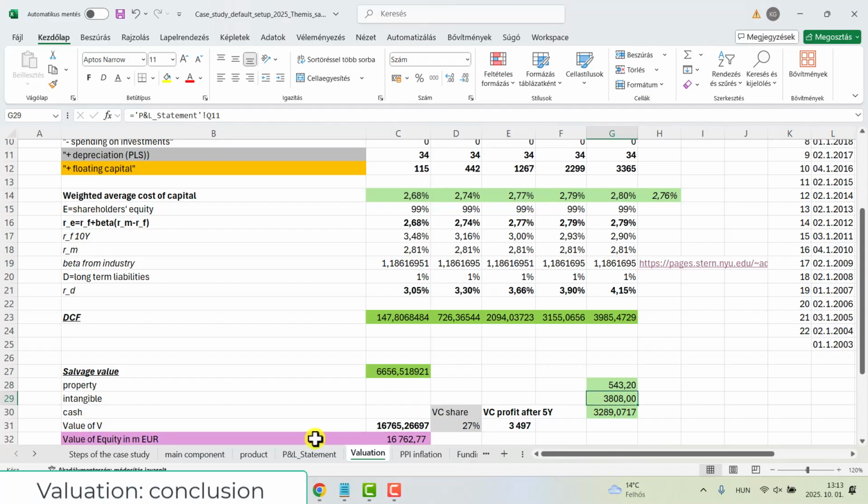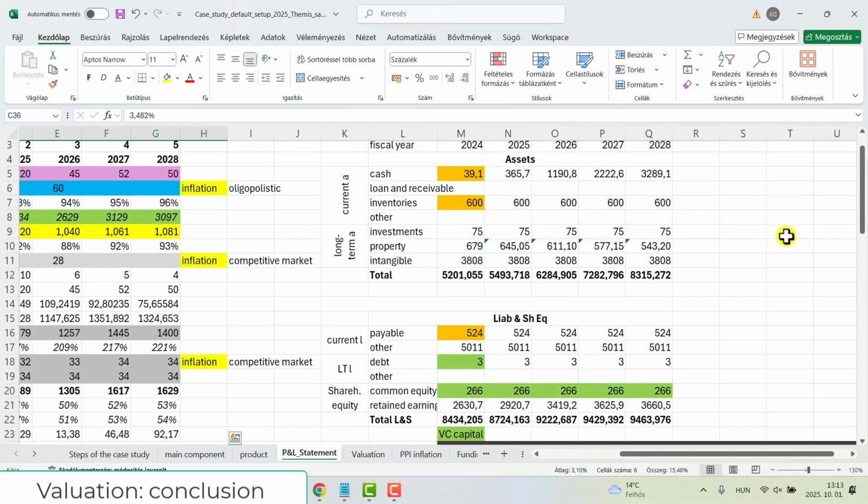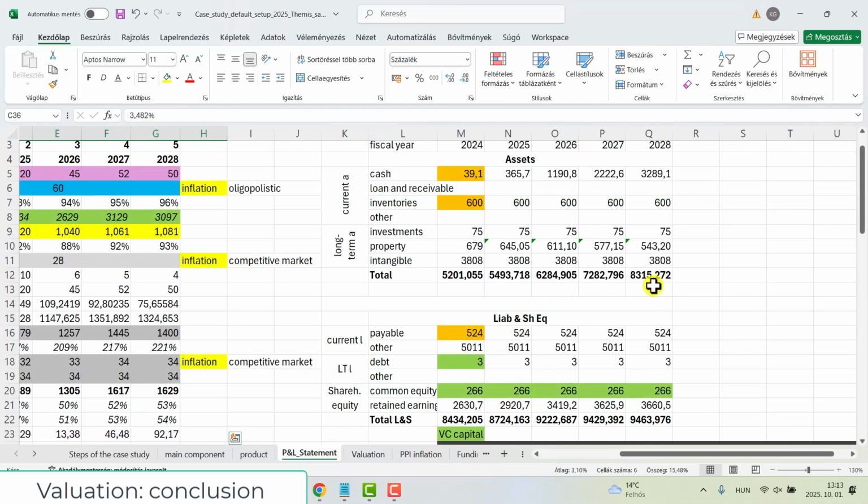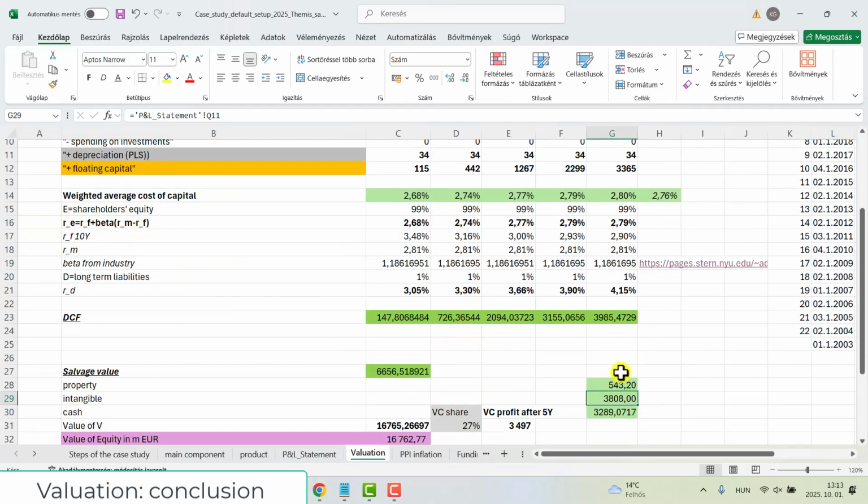Also, we have the cash reserve, which is always nice. This is there. It's good, healthy. And, sorry, the intangibles. We should check them because we know that this is a problem: if we are checking, the intangibles are one of the most relevant assets.